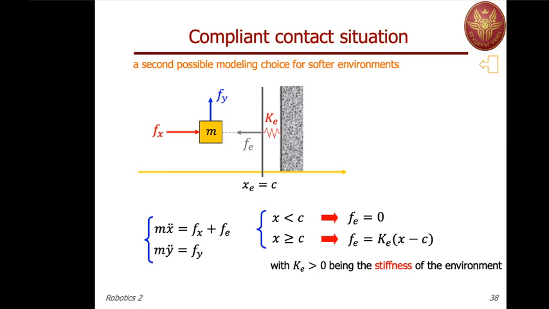Okay, now let's go back to the other alternative. The second possible modeling choice when we have a soft environment is to model it as a compliant element. So we have already seen, and so we are coming back to the same slide for which we had a preview, that in this case the compliance is modeled by a single spring of rigidity Ke positive.